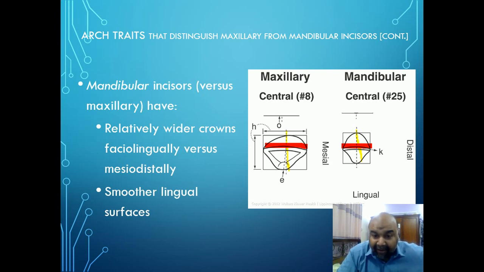The cingulum, as you can see, is quite large in the maxillary central, while the cingulum is quite small. This is the cingulum by the green, and the cingulum here in the mandibular central as well as the mandibular lateral is quite small.